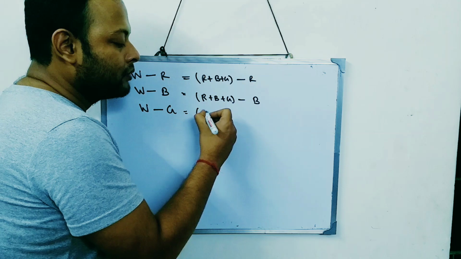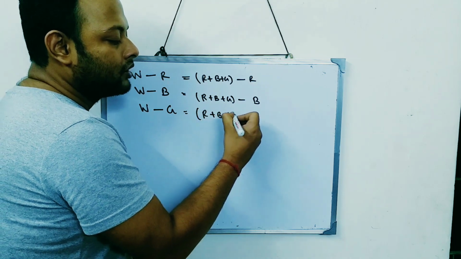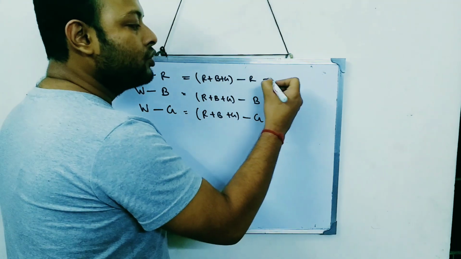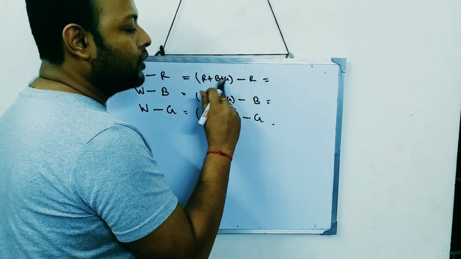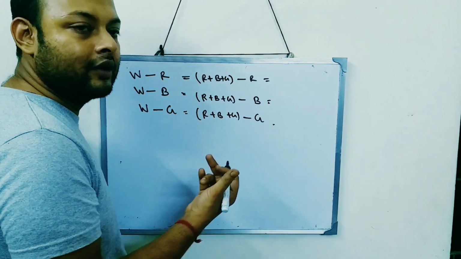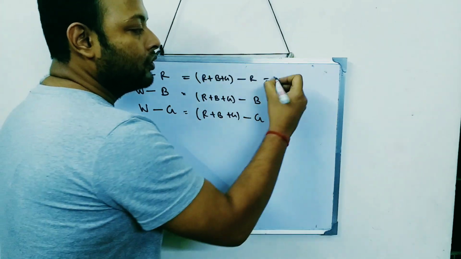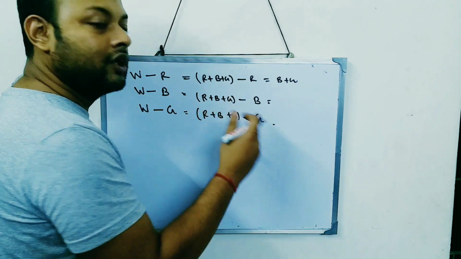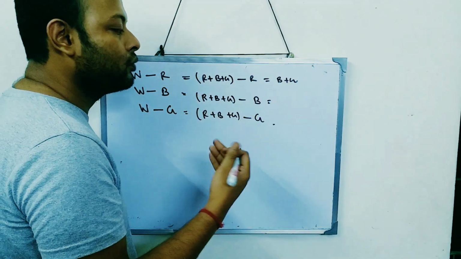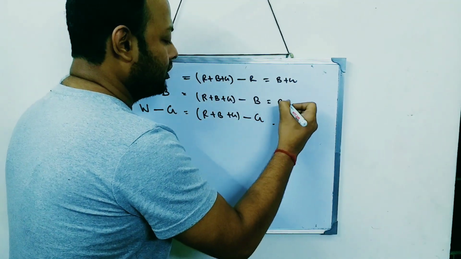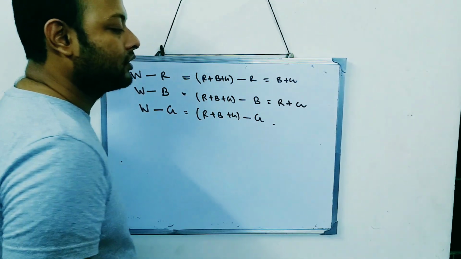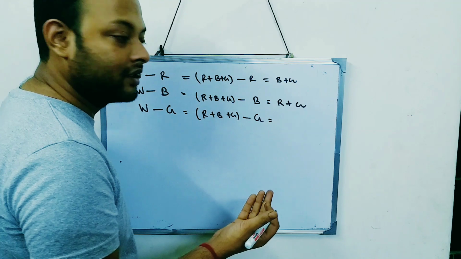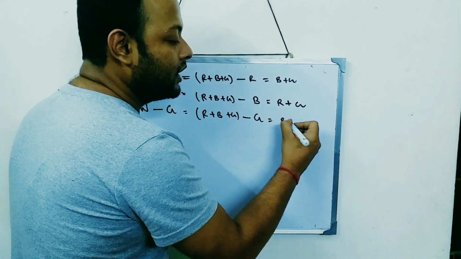From red, blue and green, if we are subtracting red, then what is left? We are left with only blue and green. If we are subtracting blue, then what is left? Red and green. And if we are subtracting green, then what is left? Red and blue.